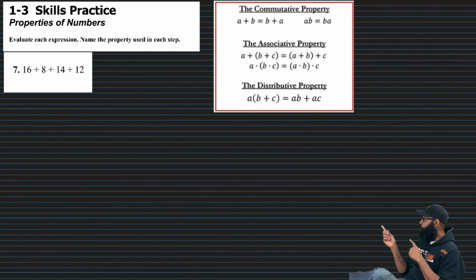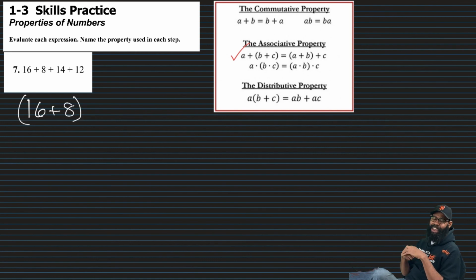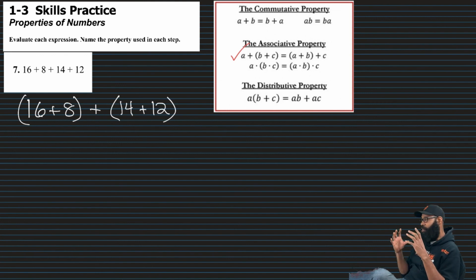So let's rewrite this problem with an understanding of, we're going to use the commutative property of addition. No. We're using associative property. No. Why? Because it makes sense.